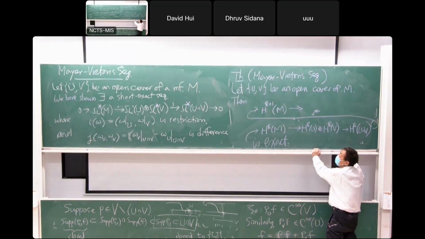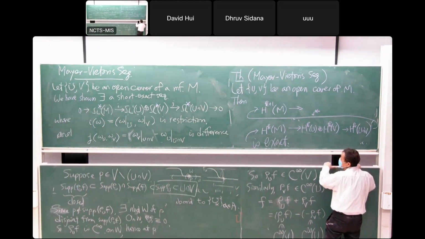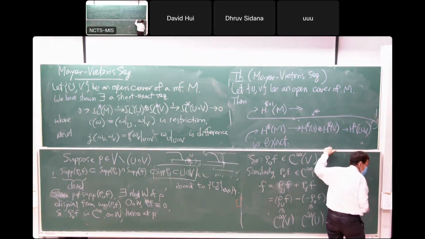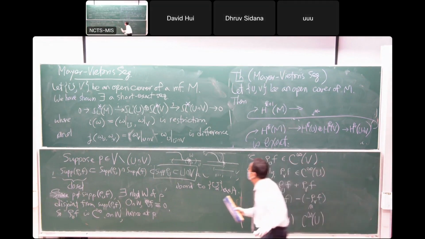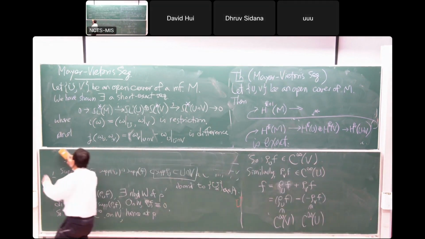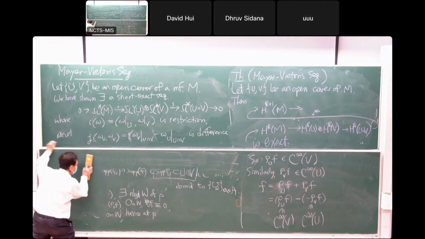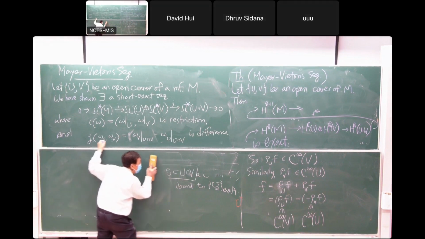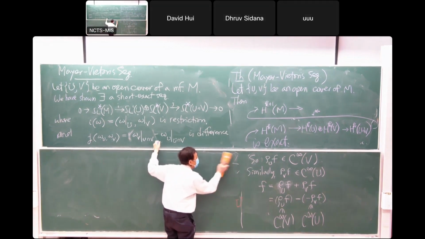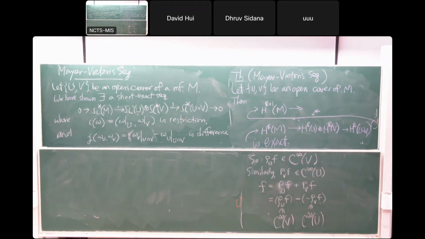And so for the rest of the class today, we're just gonna do some examples using the Mayer-Vietoris sequence. Before that, there were some other cohomology groups that we have to compute first. And I'm a little bit afraid that we'll run out of time.